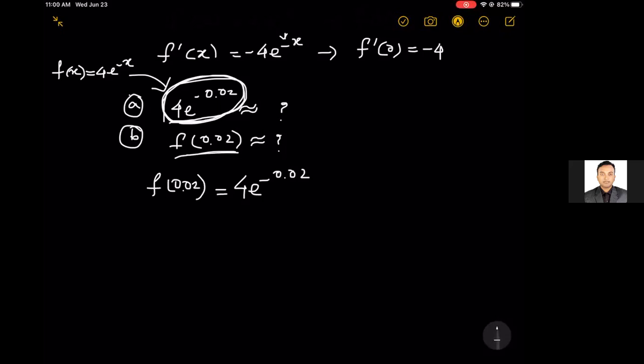Can you see that? Just replace x by 0.02, you'll get this, right? So it will be either this or this. Whichever you have, you are actually doing the same thing.